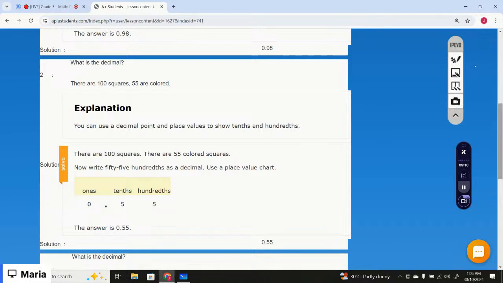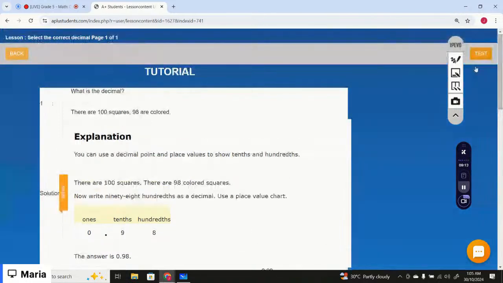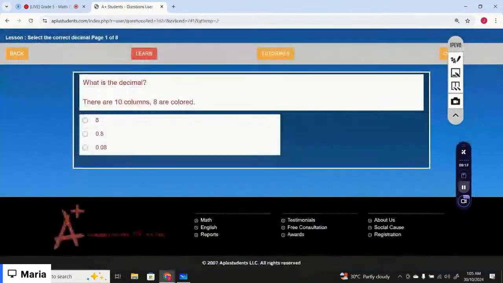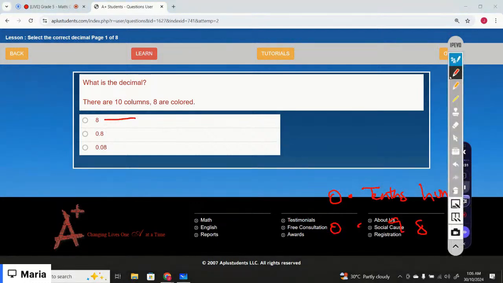Let's just start with the test questions. What is the decimal? There are 10 columns, 8 are colored. So when you have the 10 columns and 8 are colored, you can write it as 8 tenths, right?